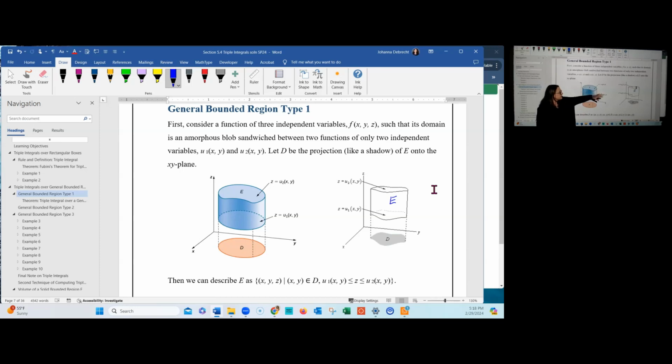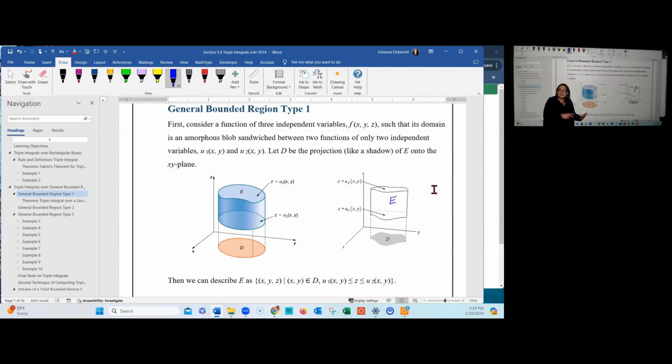Now, the way that these two are drawn, the top and the bottom are flat, but that's not always the case. So let's take a look at this guy. The bottom is flat, but the top is not, it's curved. So it's not necessary that the top and bottom be flat. In fact, many times they will not be. So our top and our bottom are functions of x and y.